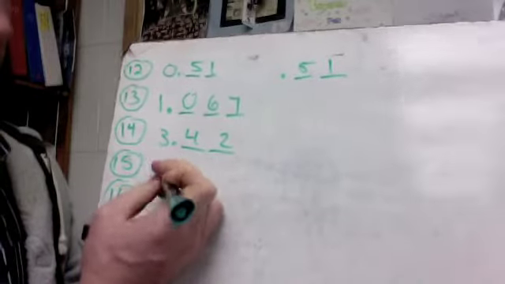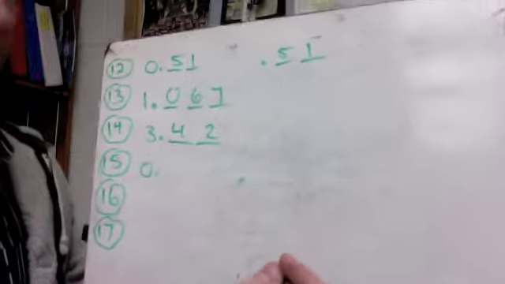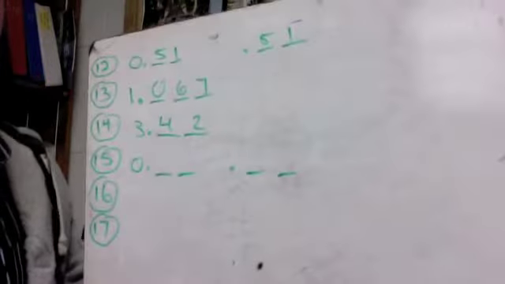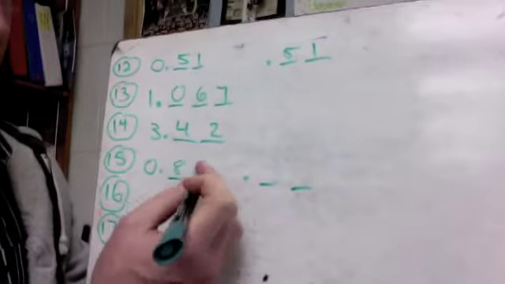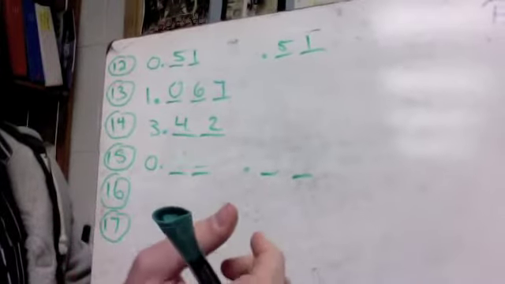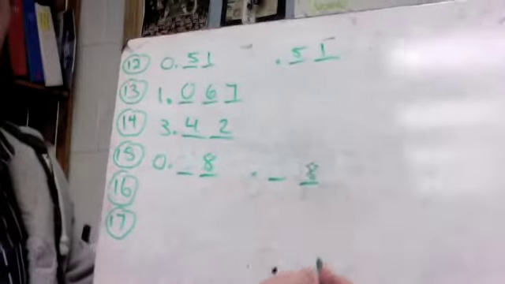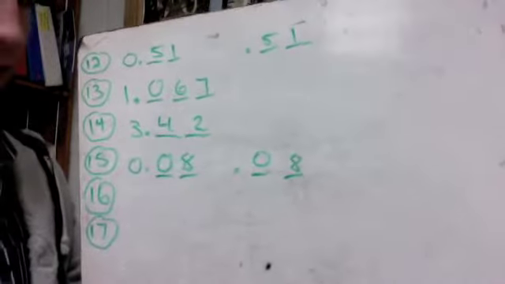So we can start with 0 and or just the decimal point is fine. 8 hundredths, tenths, hundredths. We couldn't put it here because that would be 80 hundredths. We want the last number to be in the hundredths place, so that's going to be right here. 8 hundredths, and then of course you just have to put a 0 in here, that's 8 hundredths.